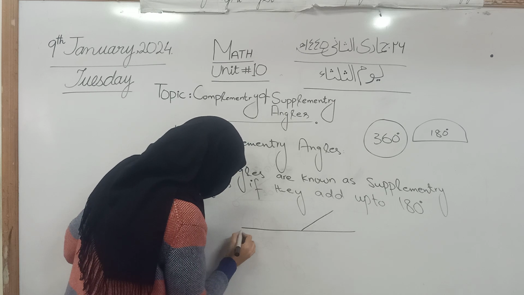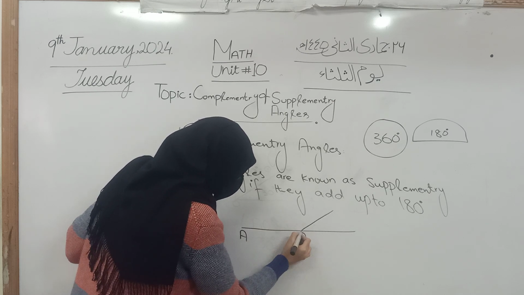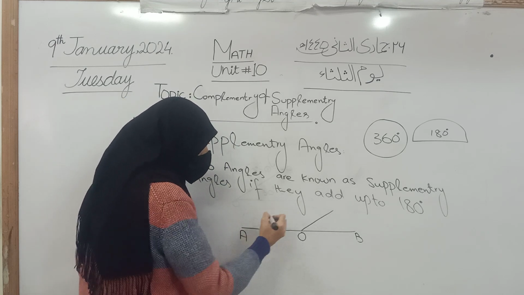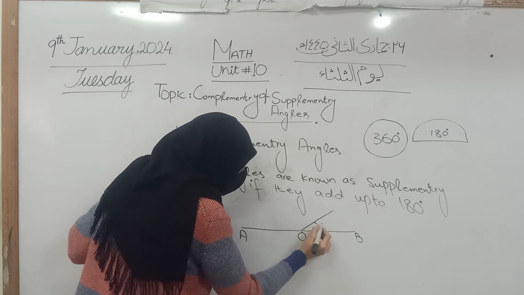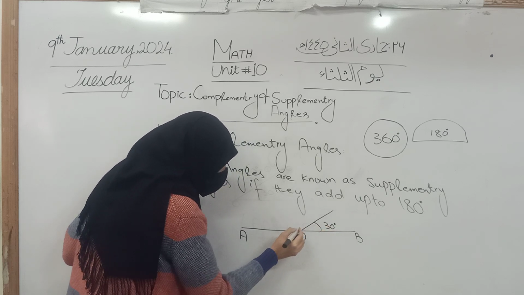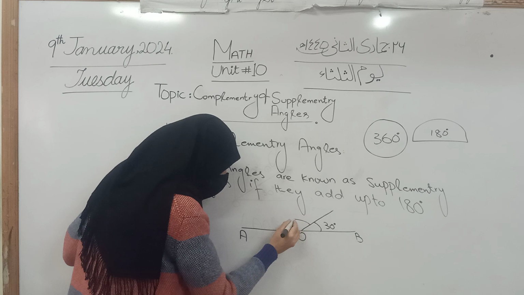This is A, this is common vertex O, this is B, and I have drawn an angle of approximately 30 degrees.